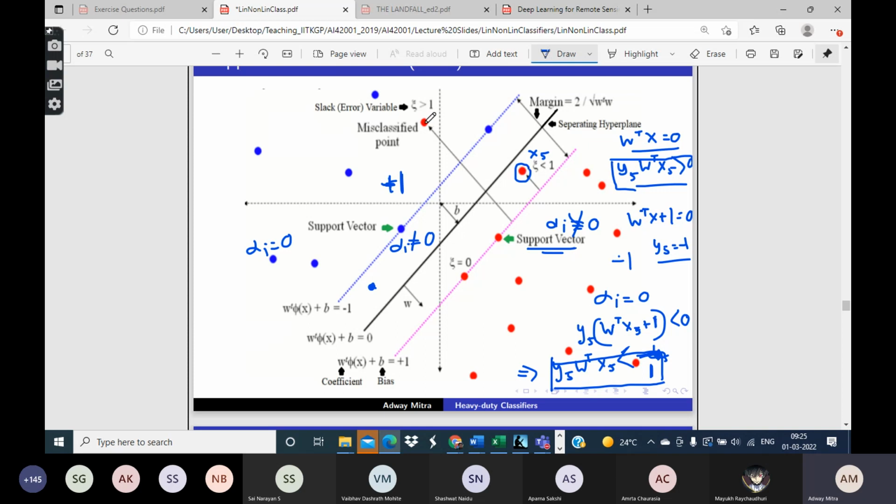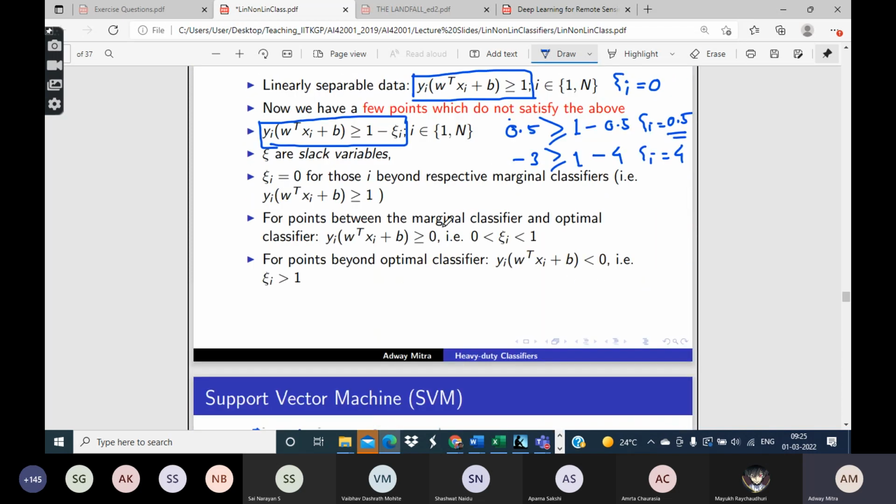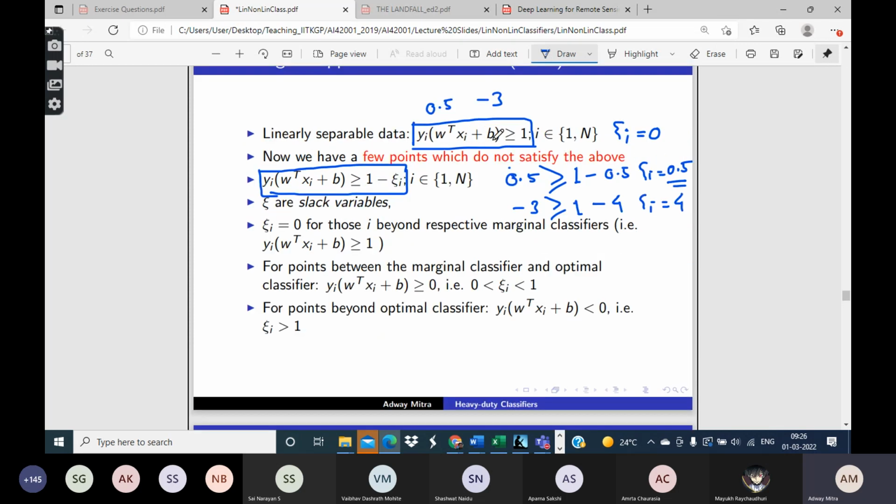And then there are points like this which are misclassified by the main classifier itself. That is, for them, let us say this point is X12. For this, y12 times w transpose x12 will be negative. It means that it is not only misclassified by the marginal classifier, but it is also misclassified by the main classifier itself. So for such a point, this left hand side may actually be something like -3.